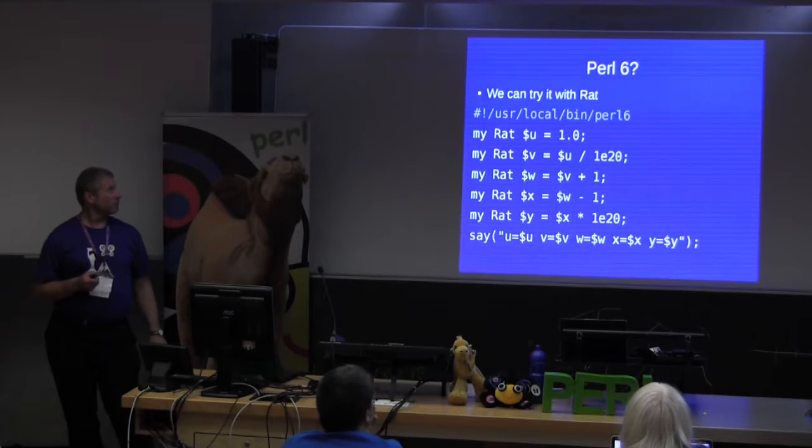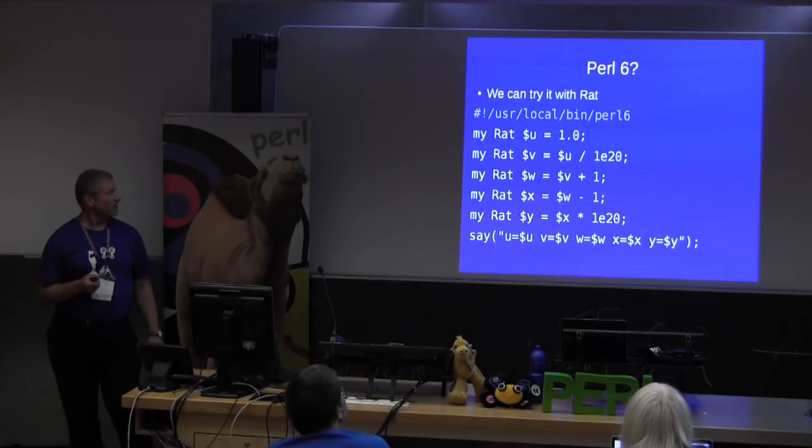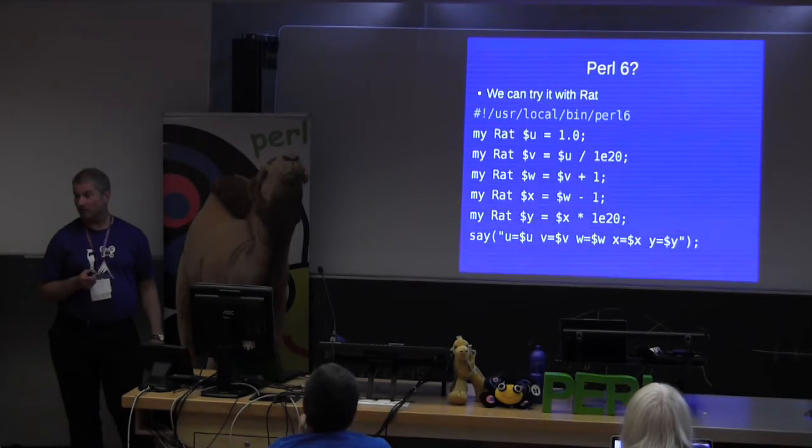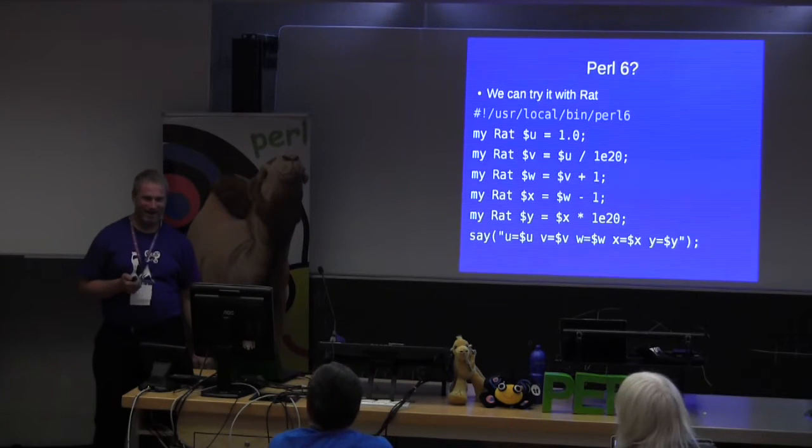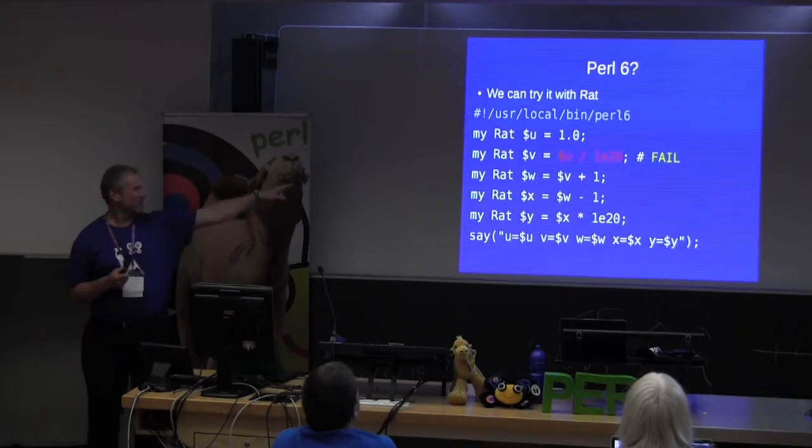And if we use Perl 6, it's called Rat. So let's try this. What do you think we get here? Sorry? I would hope one, the correct answer. Yeah, I would hope too, but it isn't. You get a failure here.